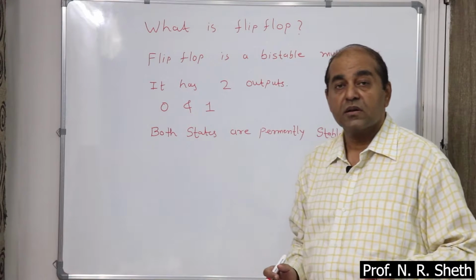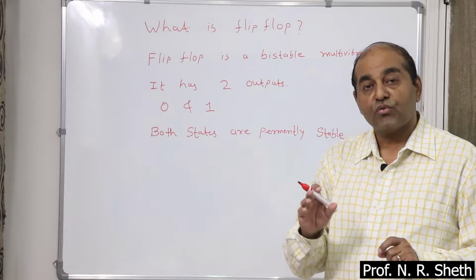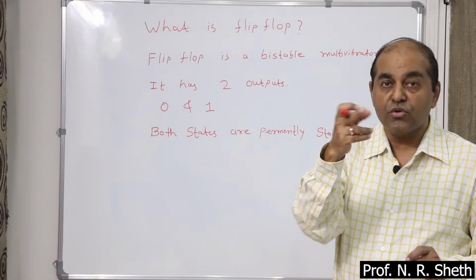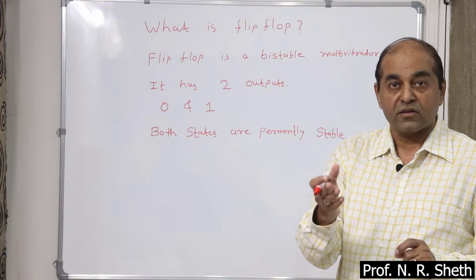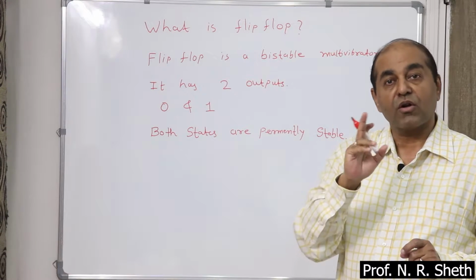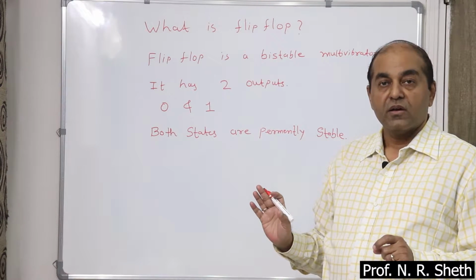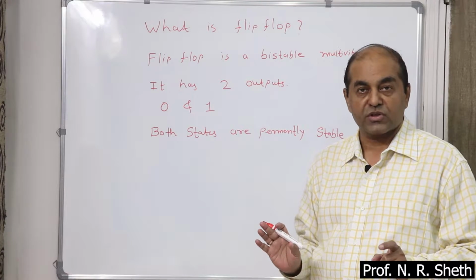What it means, if the output is 0, it remains 0 for an infinite period of time unless and until new input is applied. So if you observe, after 1 year, the output remains 0 or output remains 1. Okay, that is the meaning. They are permanently stable outputs.